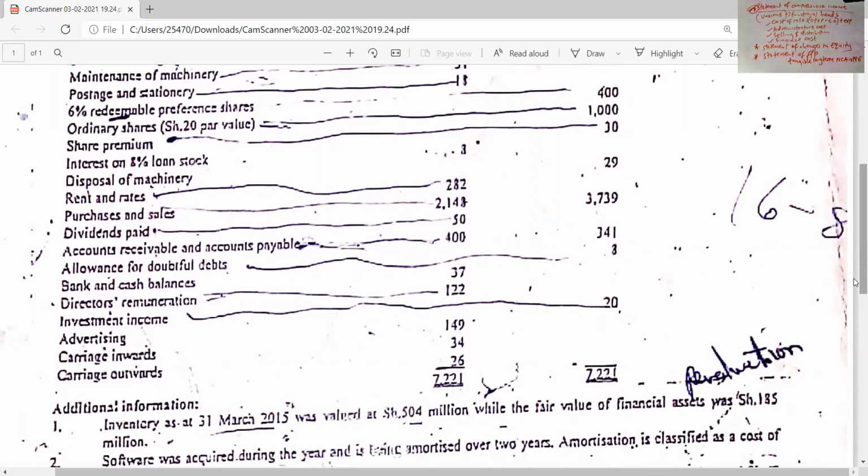Anyway, never waste your time in an exam situation to read those items. Trial balance contains incomes, expenses, assets, and liabilities.